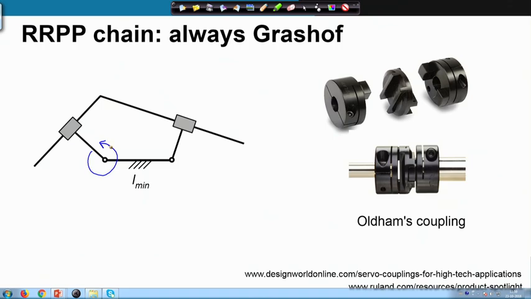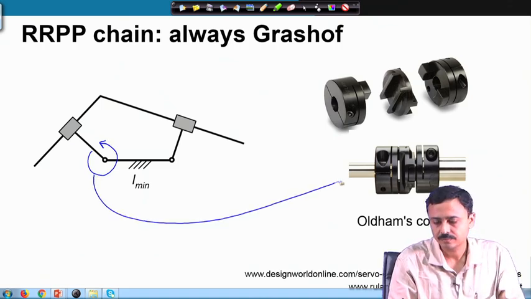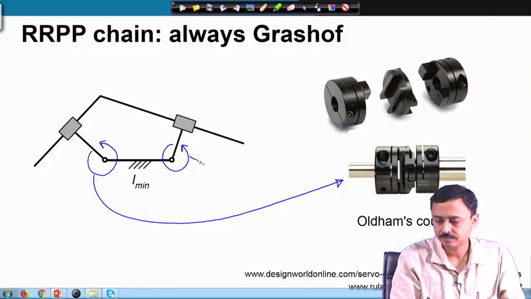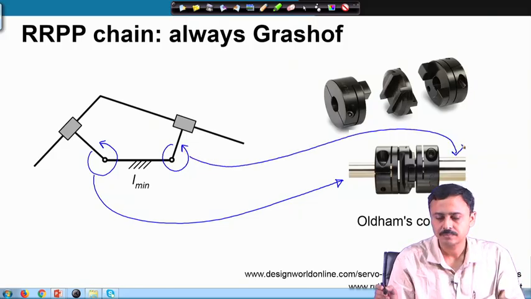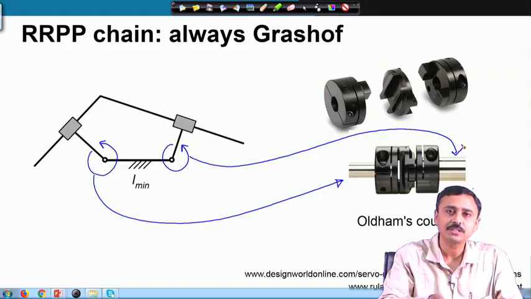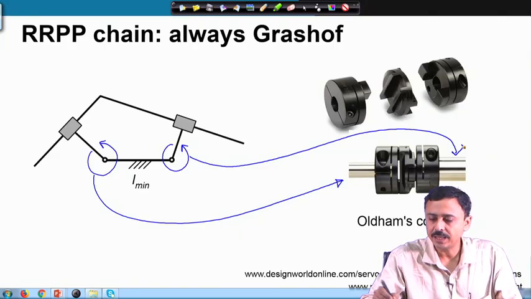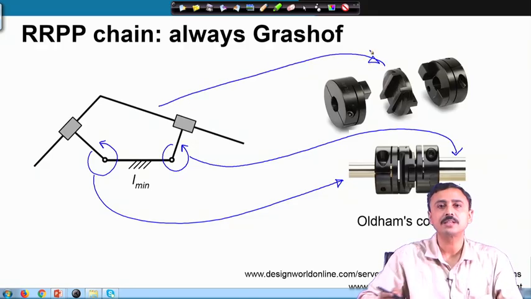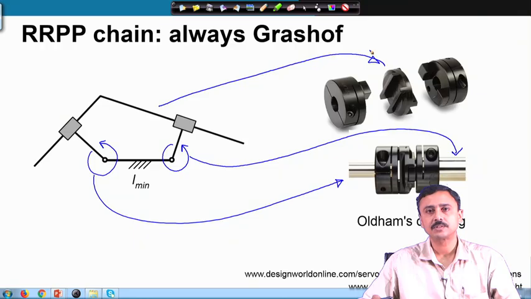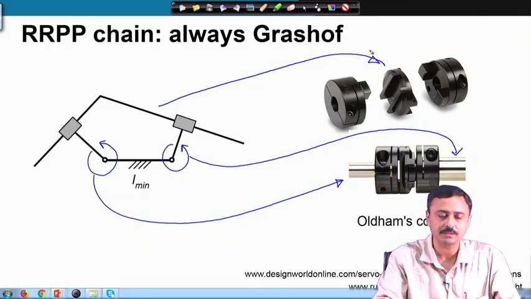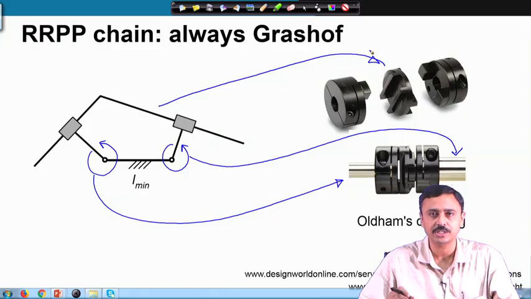This is one shaft, let us say this shaft, this is the other shaft, they have to rotate completely, and they can, and the coupling is this link. So, that is the coupling link. Since this is always a Grashof chain, we are assured of complete rotation of the 2 shafts.